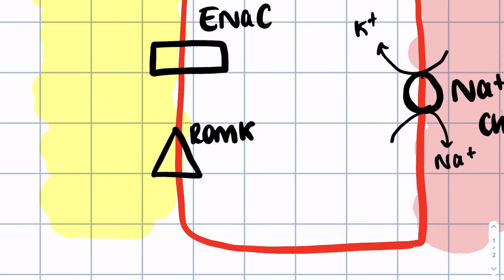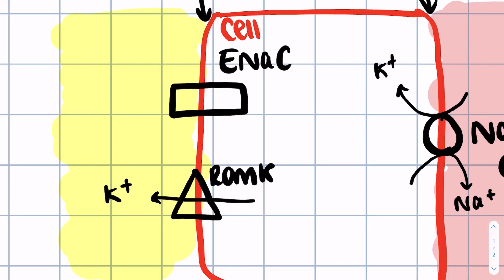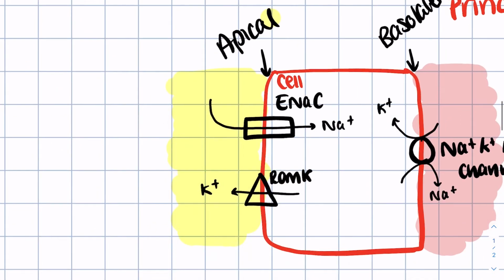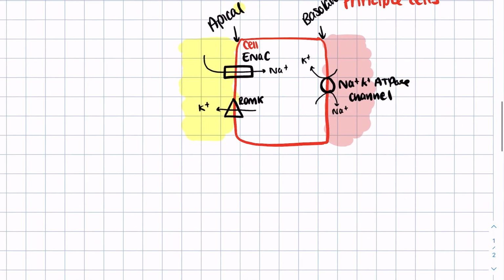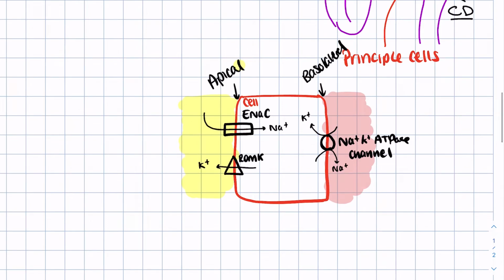What ROMK does is it allows potassium to leave the cell, and what ENaC does is it absorbs the sodium in the urine. It's one of the ways that sodium is absorbed back into the body from the urine, amongst other ways in the proximal convoluted tubule.